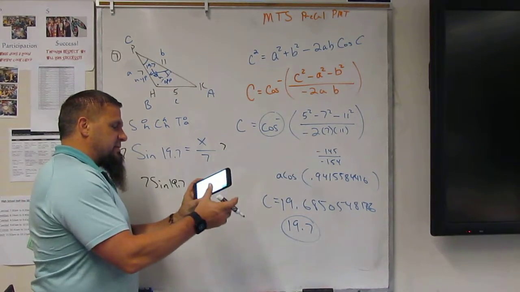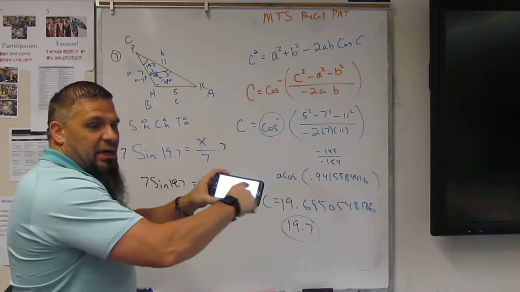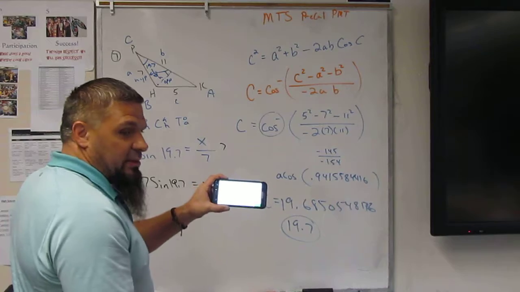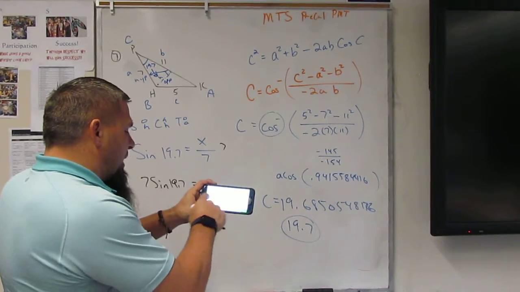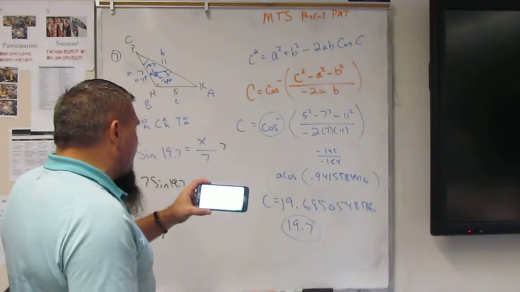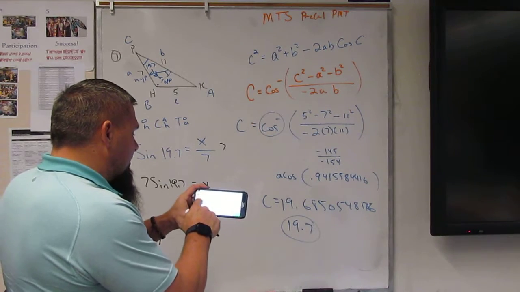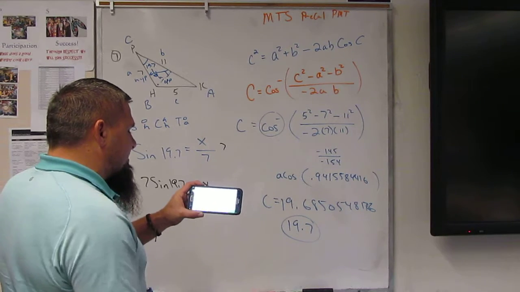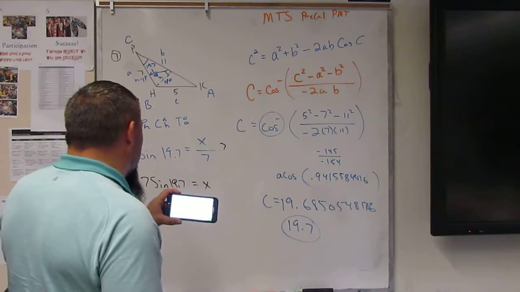And so here's the cool thing about these calculators, man. I swear, this is so cool. Because I have it already up here, 19 point all this, I just touch in front of that. And then, oh, I'm in the second feature, so I need to go back to the first feature. Have sine, right? But again, it went in back of it. So sine in front of it, right?